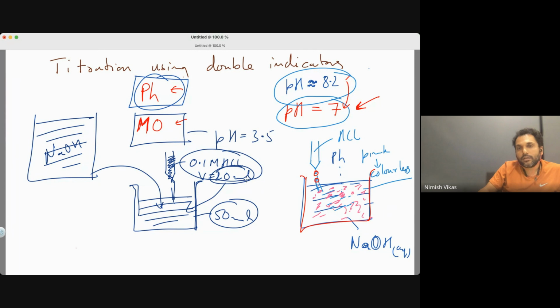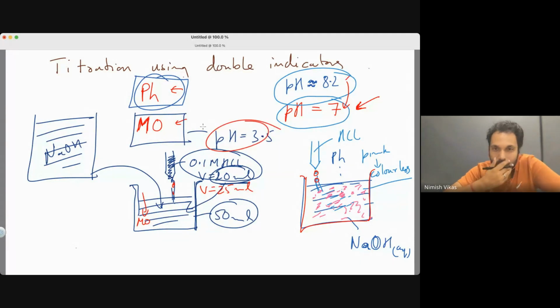So you'll note down this value, and perhaps you keep on putting more, and you put methyl orange as an indicator, and say when a volume of 25 ml is put, then methyl orange also shows a color change. So it will indicate that yes, now the pH has gone to this level. Is that clear?